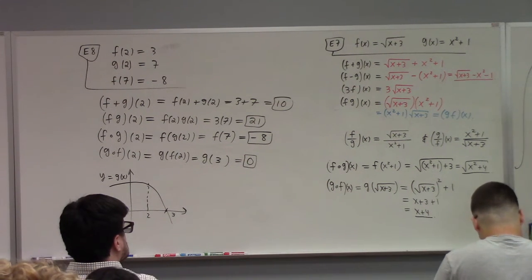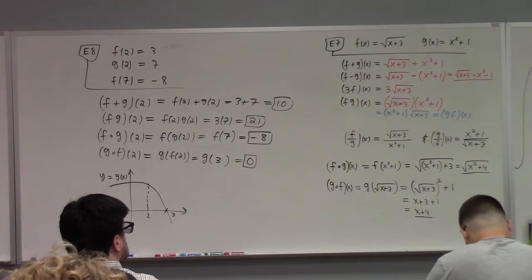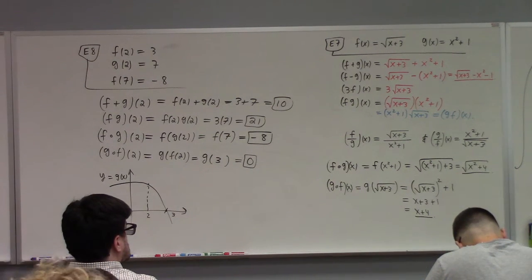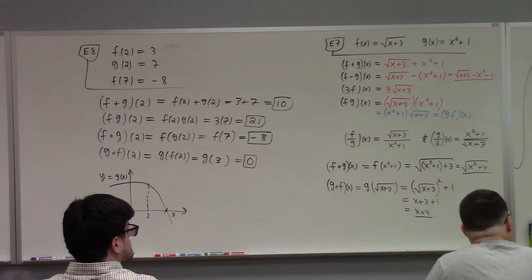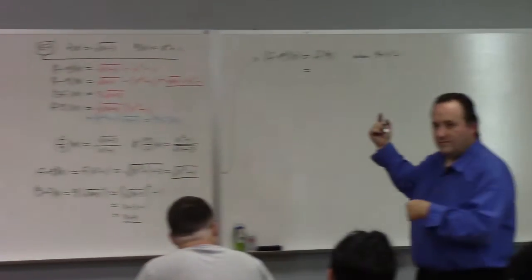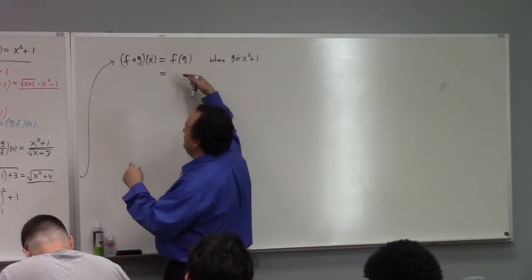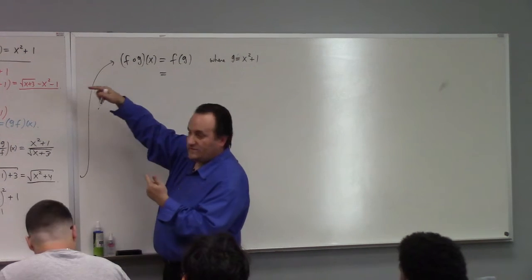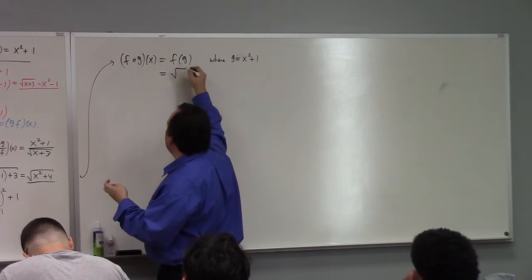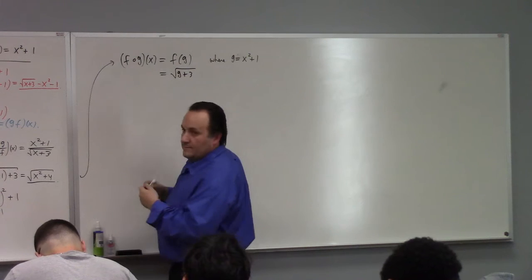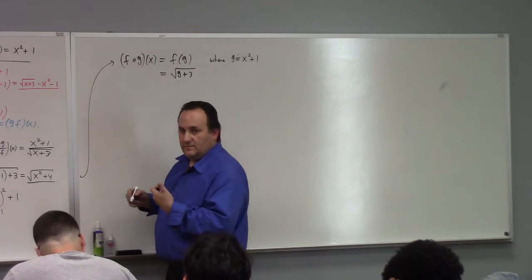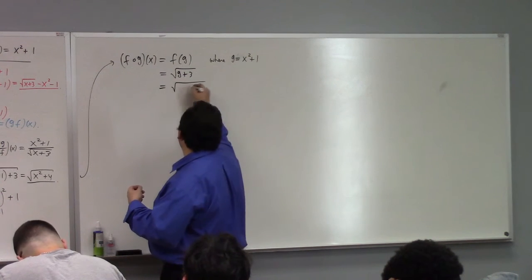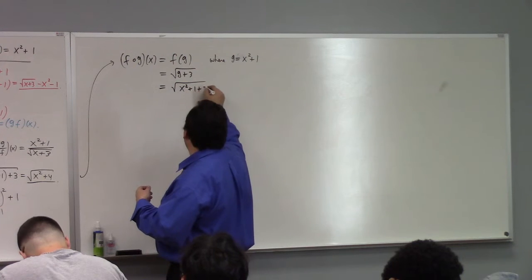What is f of g? That means just take x and make g go in the place of x. So square root of g plus 3. That's easy, yeah? And so that is square root of x squared plus 1 plus 3.